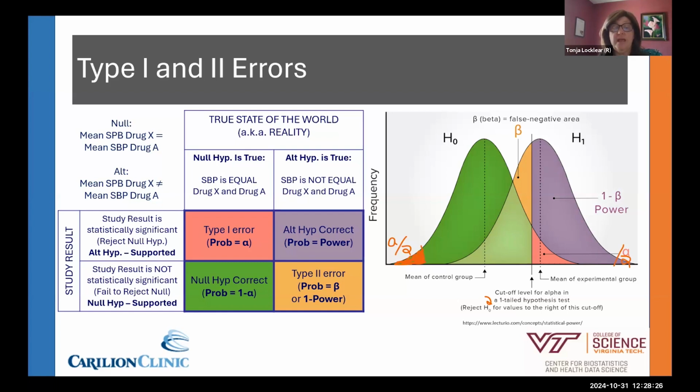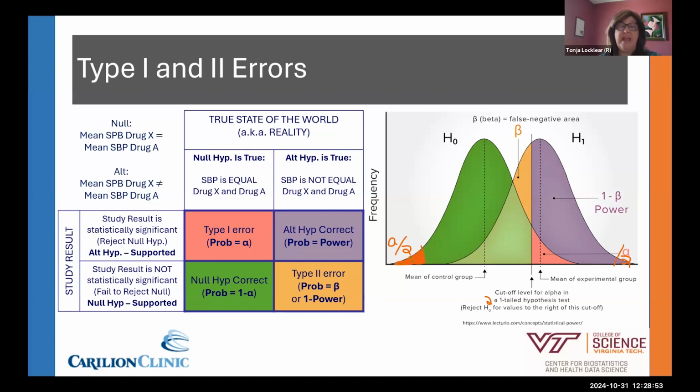In our type 2 error, this is where we believe the null hypothesis is supported, but there is actually a statistically significant difference and our alternate hypothesis is true. So what ends up happening is that's our power. Actually, I'm sorry, it's 1 minus power. This is going to be our beta. So if this is 80% power, this is 20%.